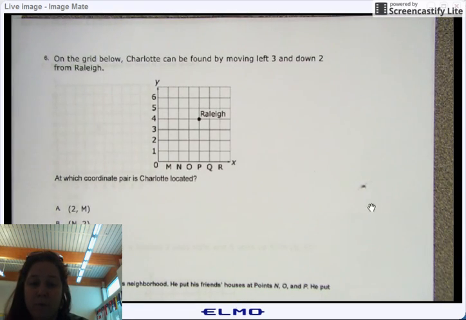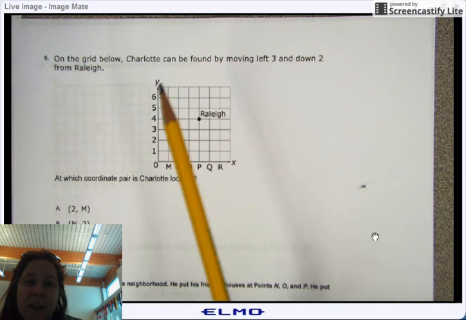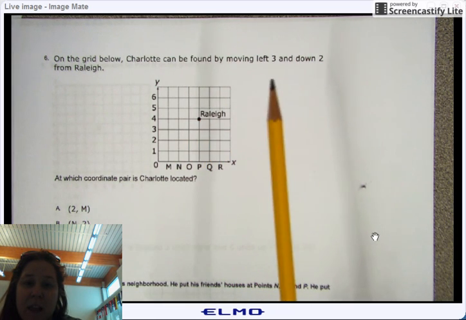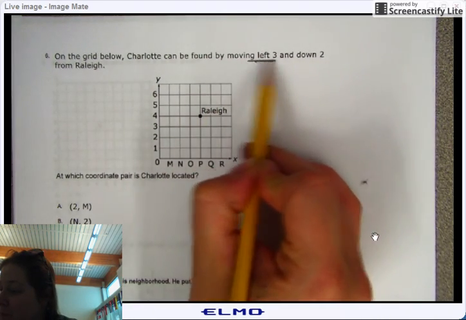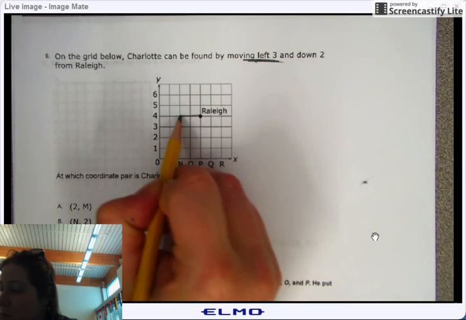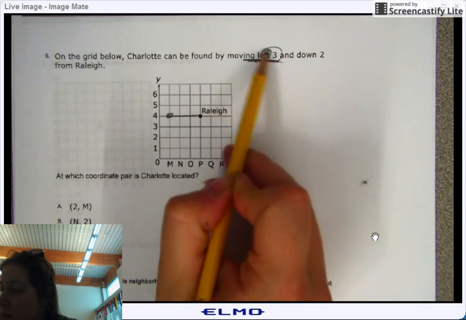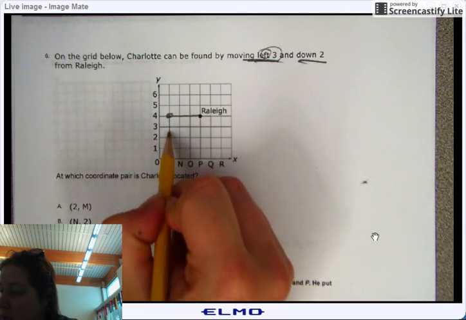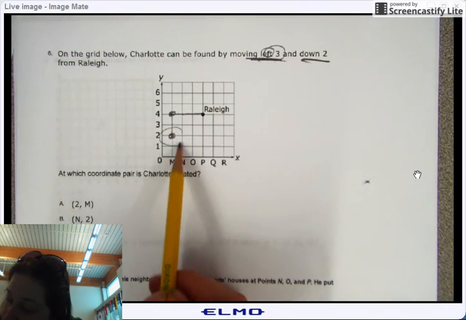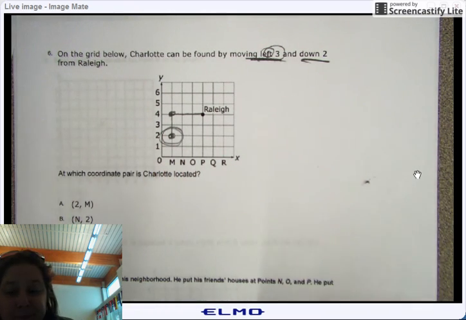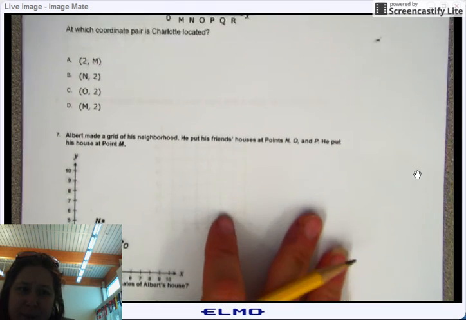On the grid below, Charlotte can be found by moving left 3 and down 2 from Raleigh. So right here, left. So 1, 2, 3. Down 2. 1, 2. And take a moment and look at what coordinate point this is right here. And you should find your answer.